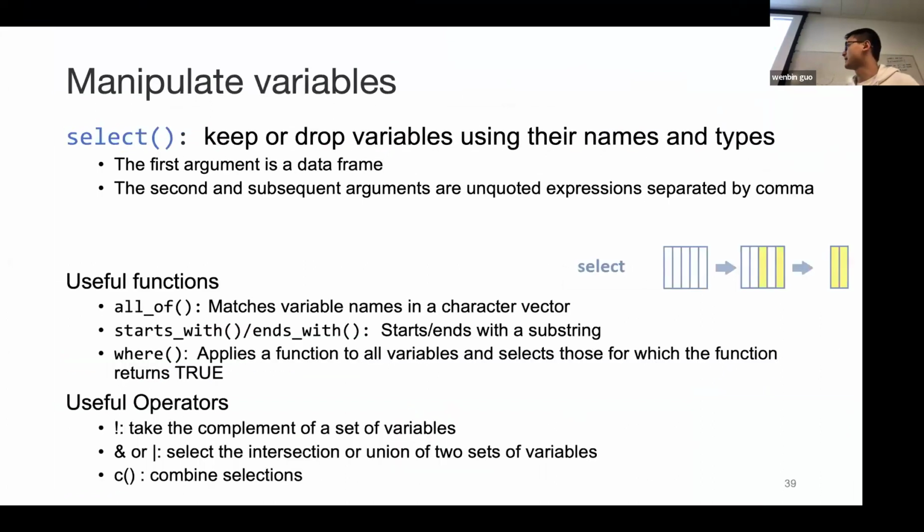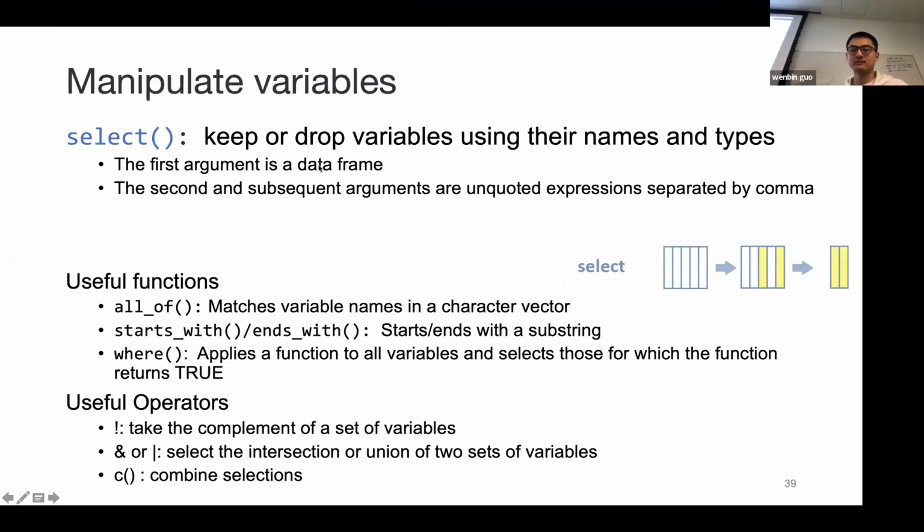There are also some other functions to manipulate the variables, which are the columns. The first one is select. This is very similar to filter, but here we operate on the columns, on the variables. select will keep or drop variables using their names or types.